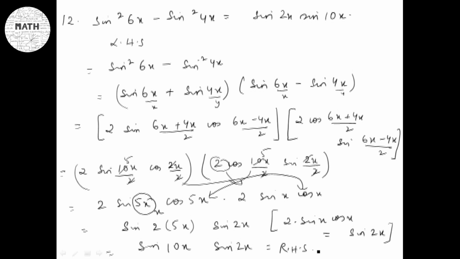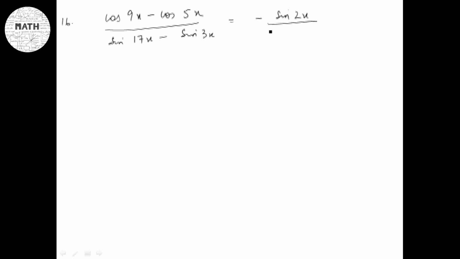All right, now the question will be a little bit harder, so let me jump to one of the harder questions. That's your question number 16. Question number 16 is given to be (cos 9x minus cos 5x) divided by (sine 17x minus sine 3x) is equal to minus sine 2x divided by cos 10x.